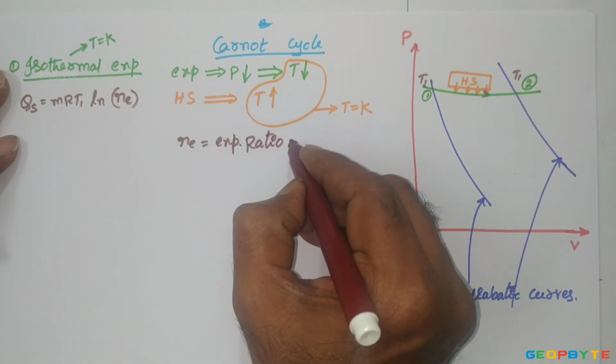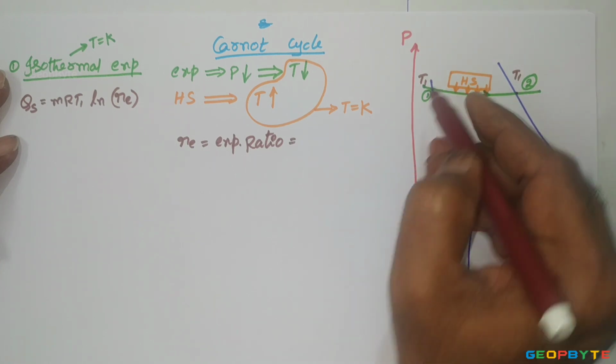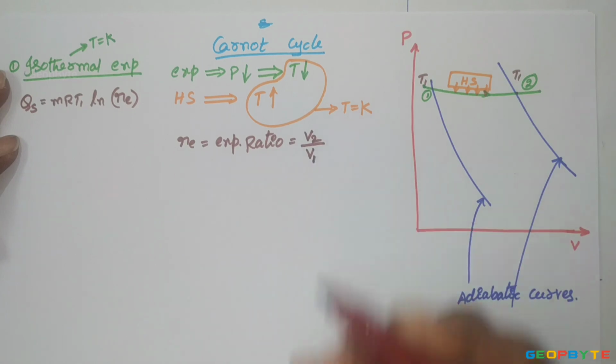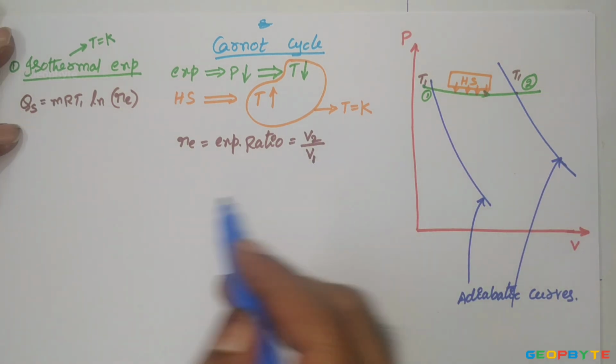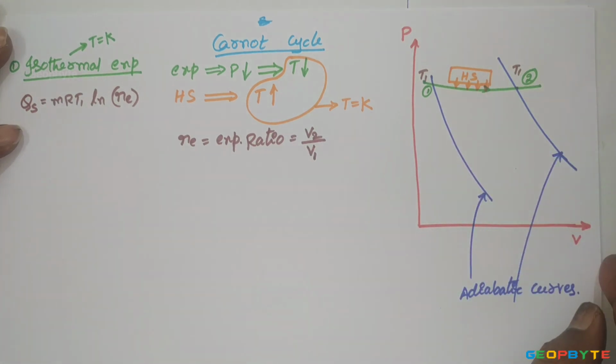The expansion ratio equals volume after expansion by volume before expansion, V2 by V1. That is about the heat supply to the gas.